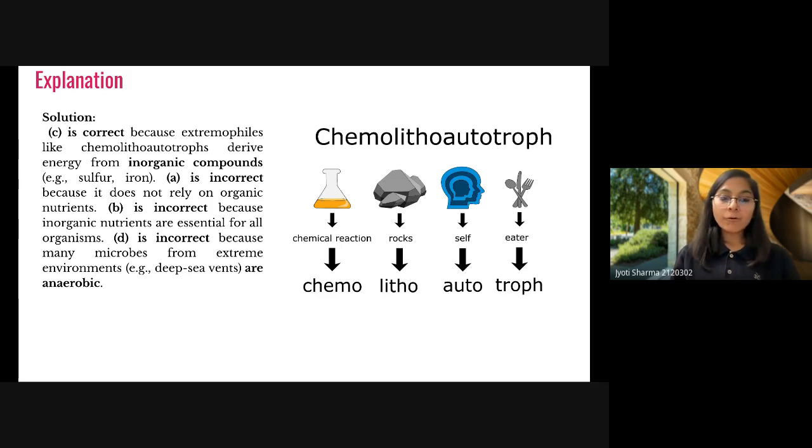They will form their own food using the chemical reaction. So C is the right answer, because chemolithoautotrophs can derive their energy from inorganic compounds, for example sulfur and iron.